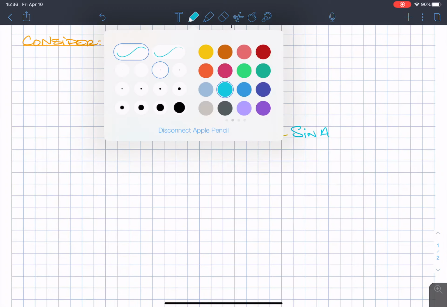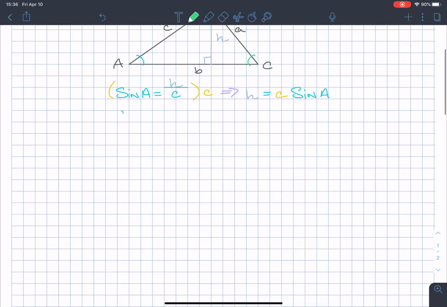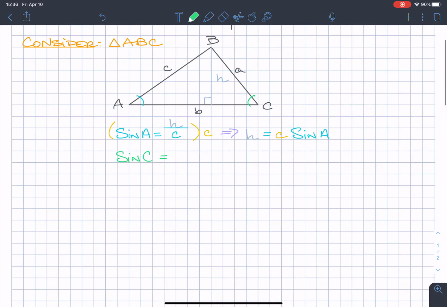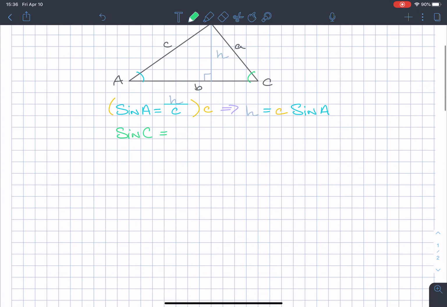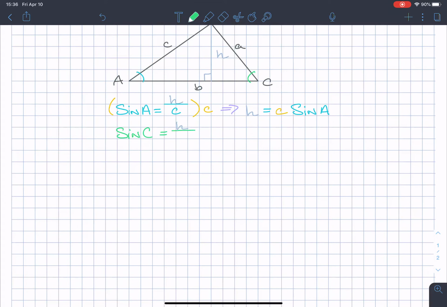Okay, now let's look at angle C. We can do the same thing for angle C. So sine of C. Now let's look at the right-hand side triangle. Do you agree that the side opposite C is h, and the hypotenuse of that triangle is a?